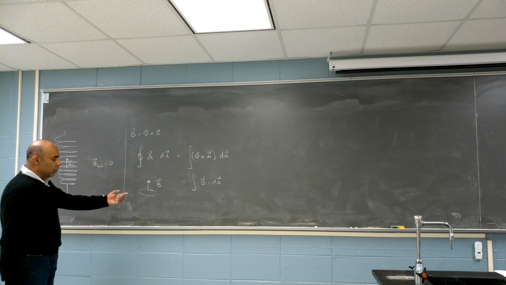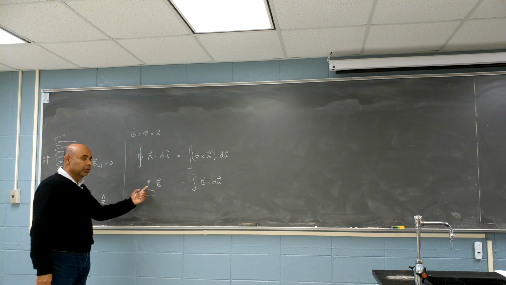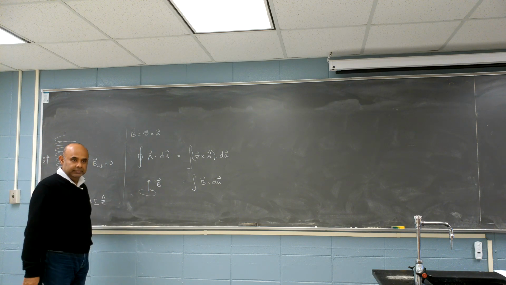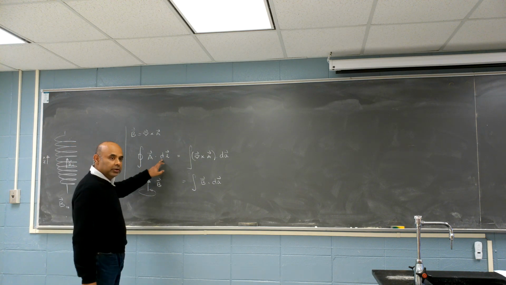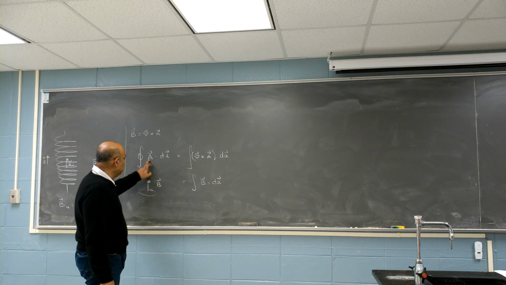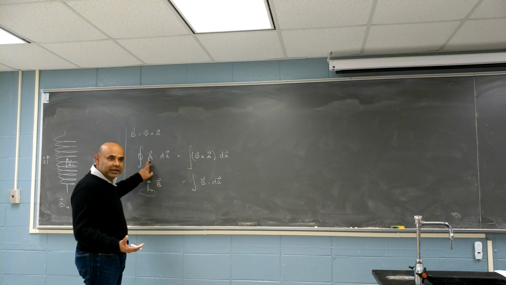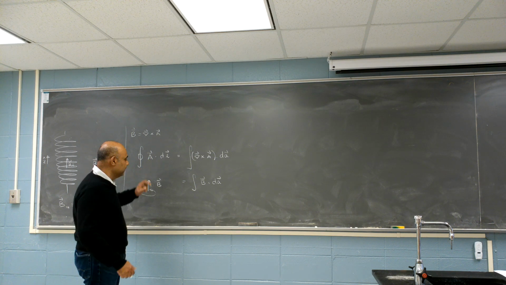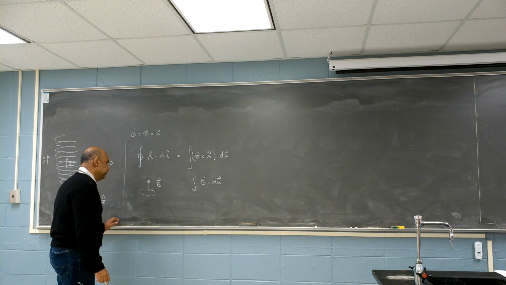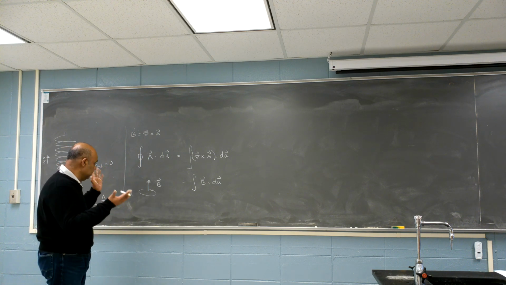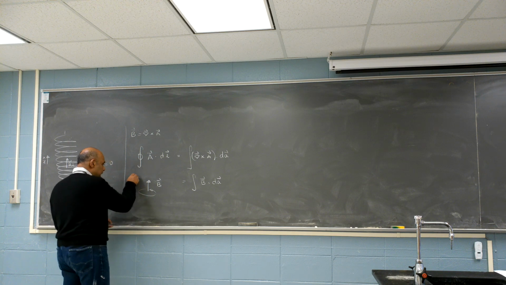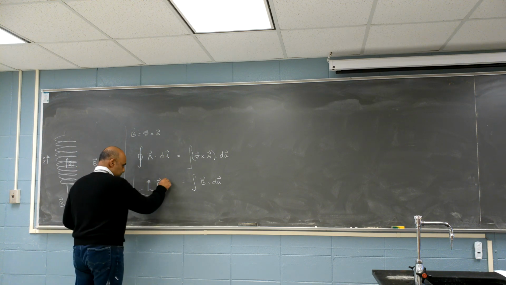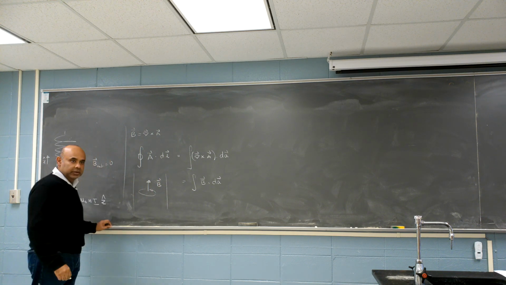And of course, we're going to go through circular loops. Yeah? So A has many components. If I go through a circular loop, only the phi component survives. So then we're going to go, fine, the phi component survives. Let me do this integral. And now I'm inside the solenoid.